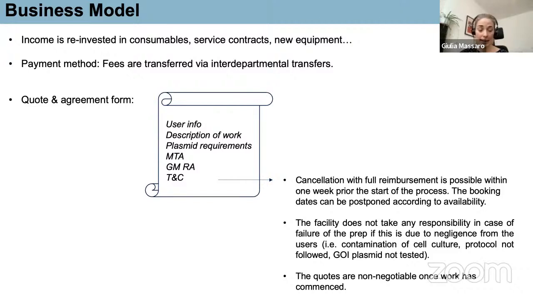The payment method at the moment is that the fees are transferred via interdepartmental transfer, and that's why for now we're keeping it to only UCL users, because having people from other institutions would make this payment method a bit more difficult, and they would have to pay extra for overheads and all these things. So at the moment, we try to keep it for UCL users.